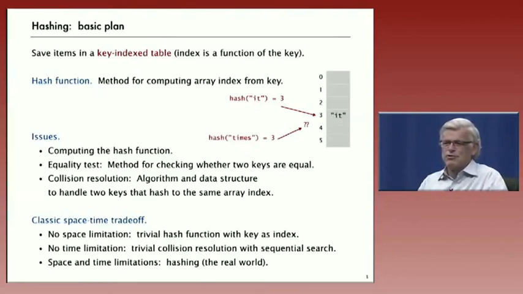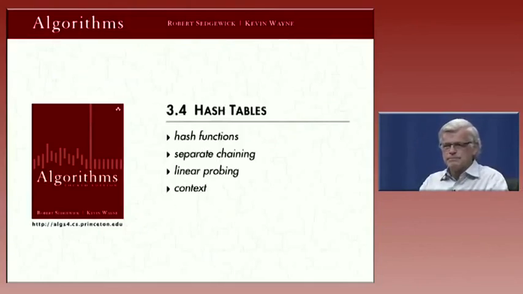But sequential search can be slow if we have lots of keys. So hashing in the real world is about trading off the fact that we don't have unlimited space and we also don't have unlimited time, so we're trying to find something in between. So we'll look at hash functions, and then two collision resolution methods called separate chaining and linear probing.